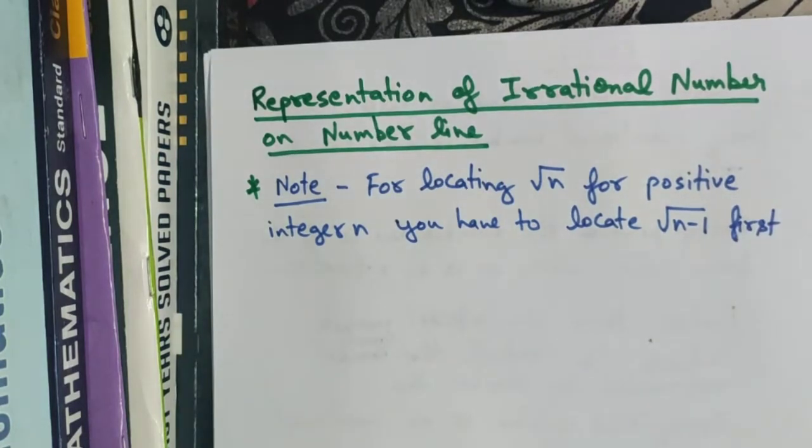Means if you want to locate root of 2 on the number line, first we have to locate root of 2 minus 1, means root of 1, that is equal to 1. Similarly, for locating root of 3, we have to first locate root of 3 minus 1, that is root of 2 on the number line first, and so on.